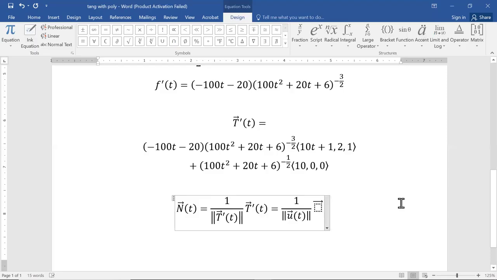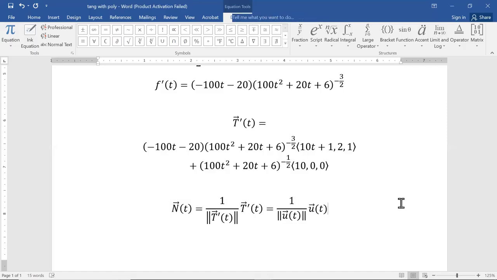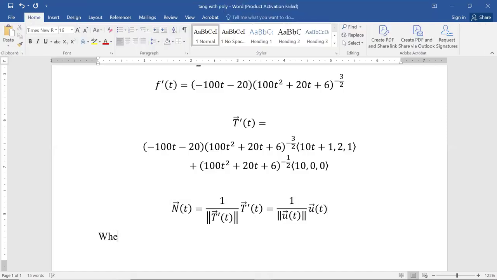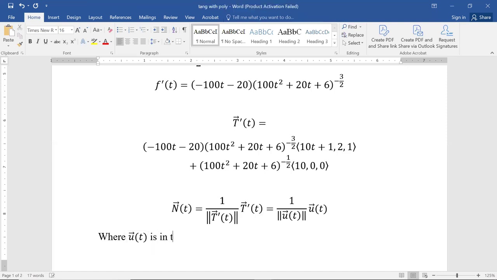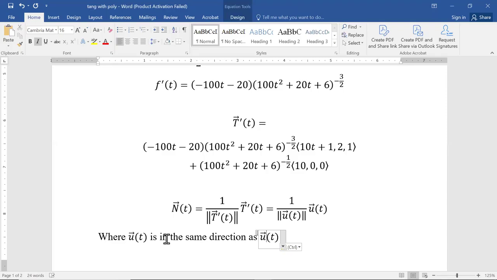I could take some vector u that is in the same direction as the derivative of my unit tangent vector.